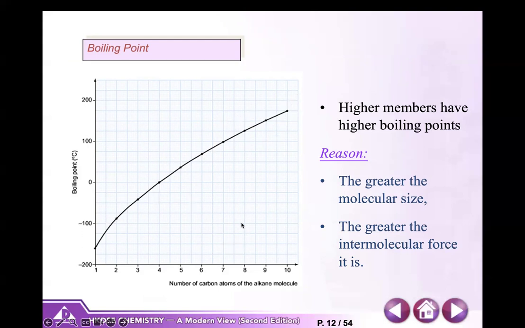This is because the greater the molecular size, the greater the intermolecular force. So hydrocarbons containing 10 carbon atoms have a greater molecular size, and then the greater the molecular size, the greater the intermolecular force. As a result, the boiling points will be higher.